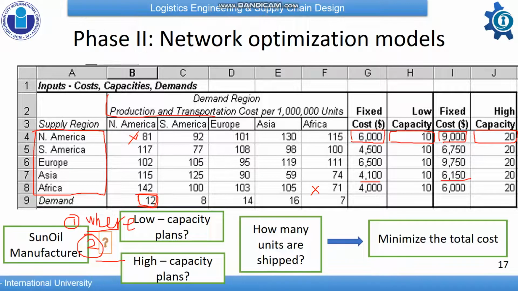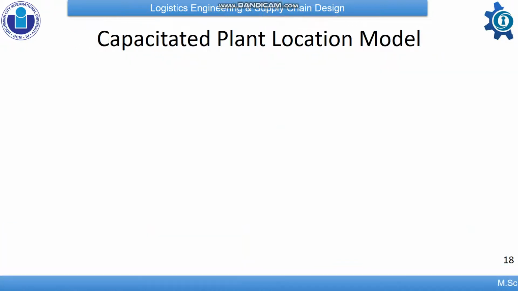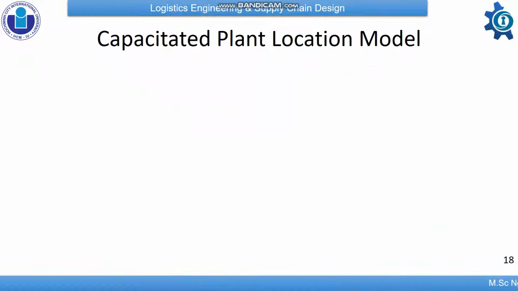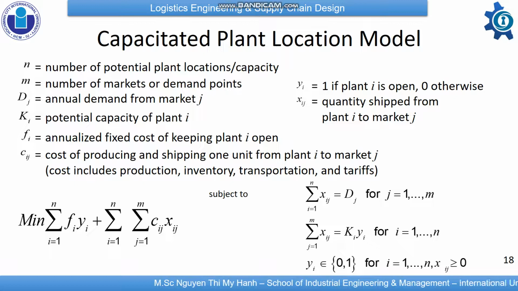And the objective they want to achieve is to minimize the total cost. Okay, please listen to this part very carefully, because this one is very important, and you can also use this for your thesis topic. So we have three questions we have to answer, with the objective to minimize the total cost.